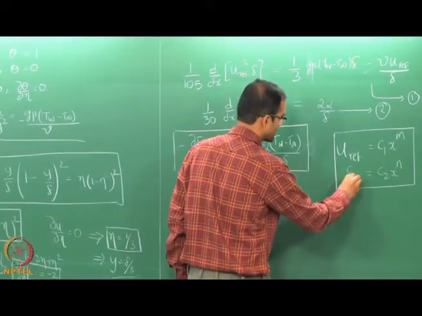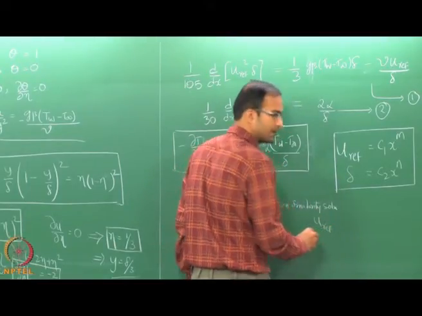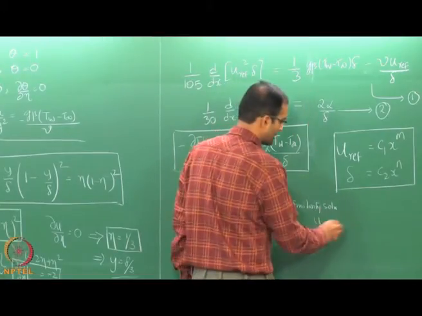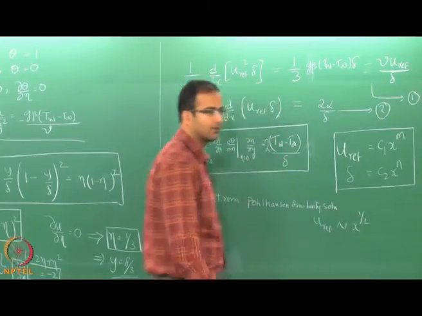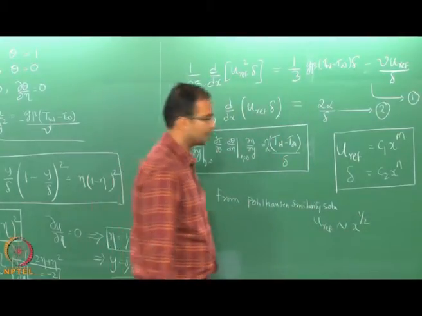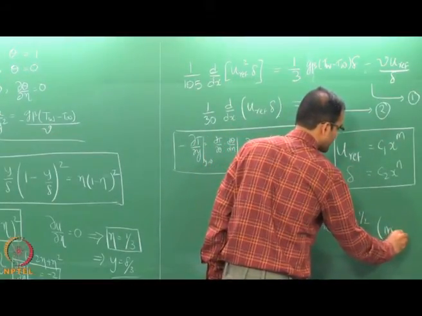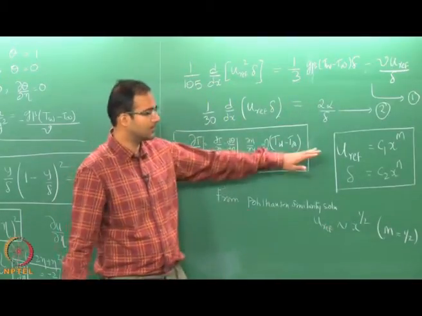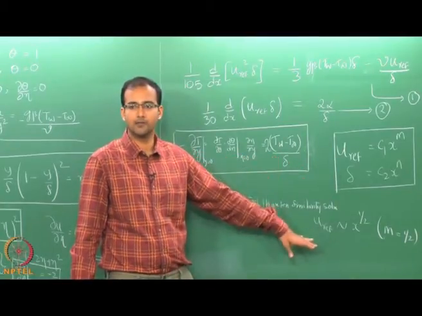what was U reference? The order of magnitude of U reference was square root of g beta delta T x. So therefore, there it was x power half. So m should actually come out to be equal to 1 by 2, but since we right now do not have any knowledge of the similarity solution, we cannot force this condition.